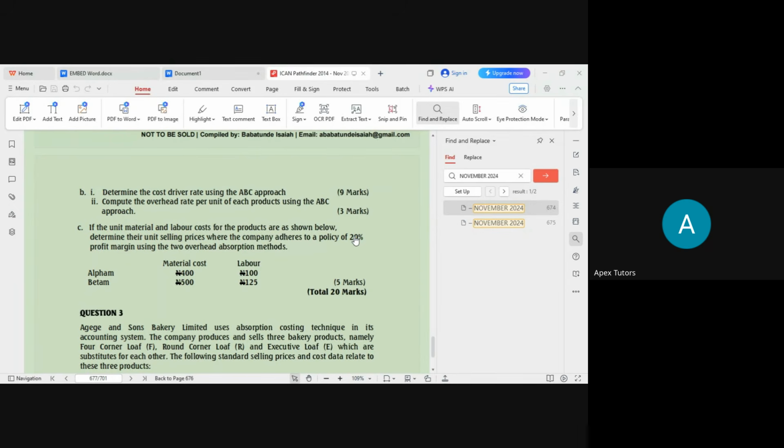You should have a value. Then take 20% of that value and add it to the total cost, then you get your selling price. That's the 1/4 approach.